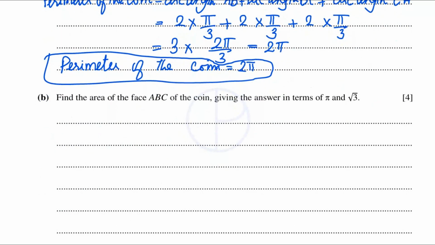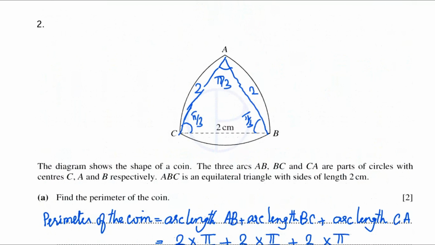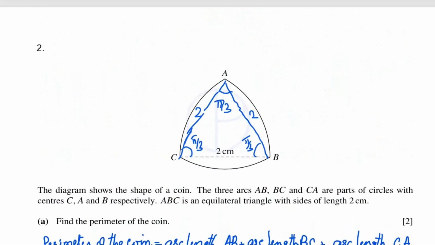The B part of the question is find the area of the face ABC of the coin, giving the answer in terms of pi and square root of 3. So we need to find the area of the coin. We can find the area of the coin by finding the area of the triangle ABC and these three segments.